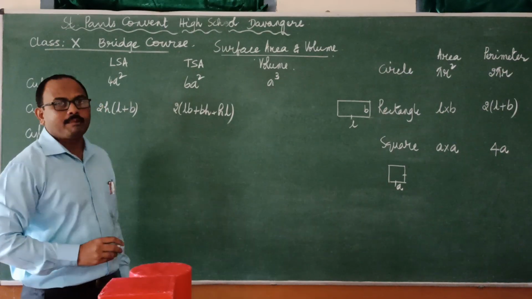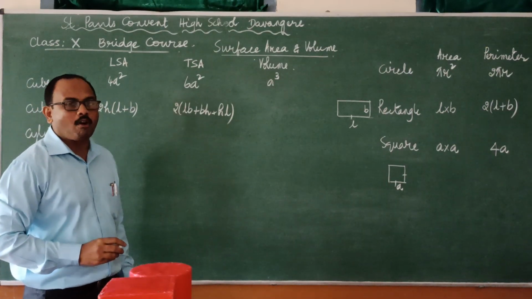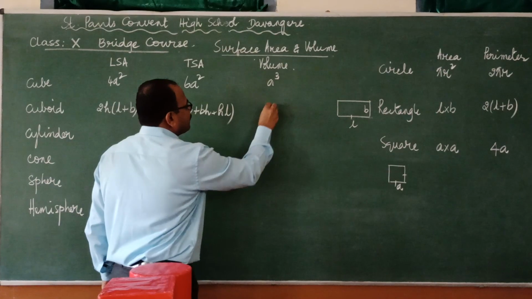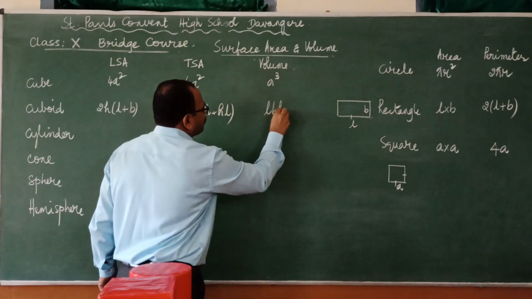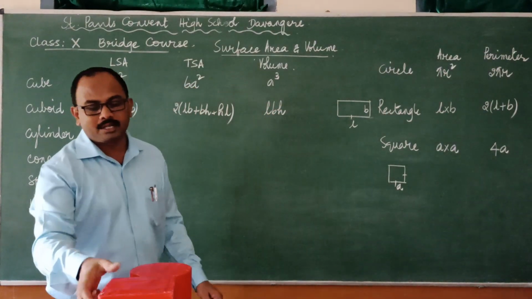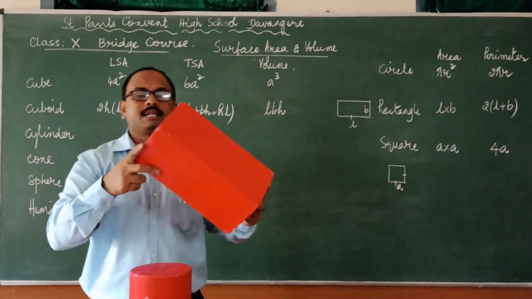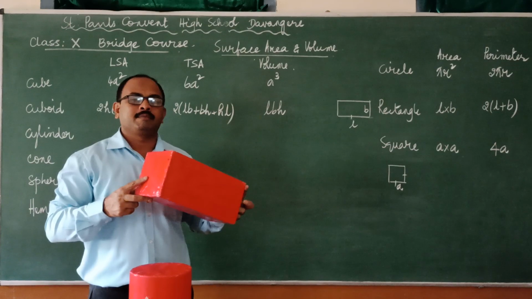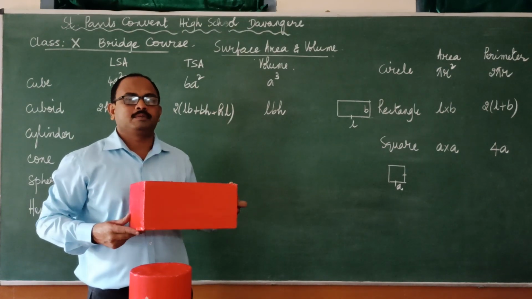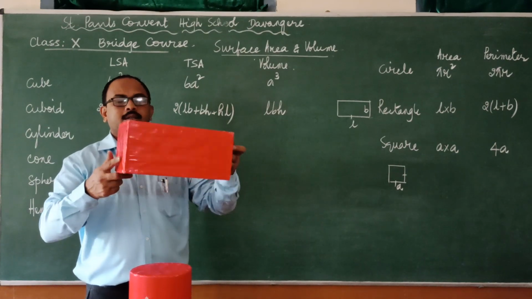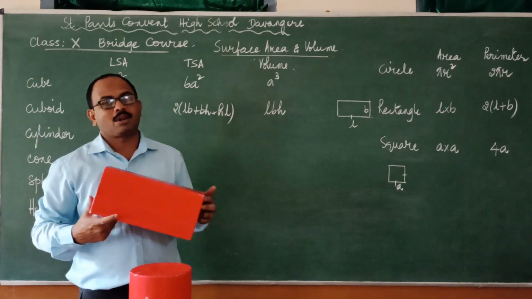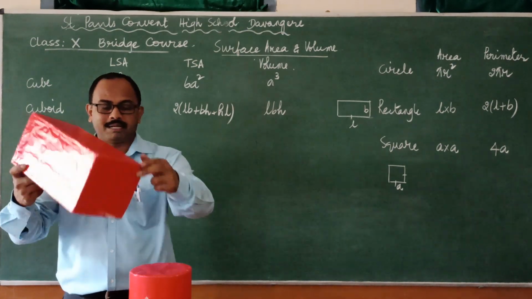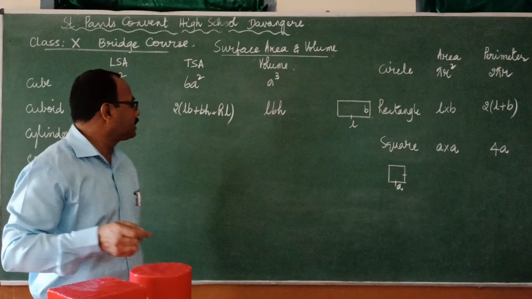The formula to calculate the volume of a cuboid is length into breadth into height, children. This is a cuboid. Examples that can be given, children: a geometry box, bricks. These are all examples that can be taken as a cuboid.